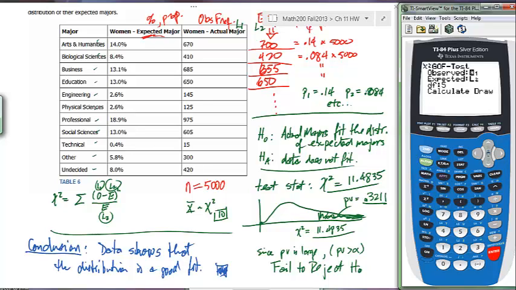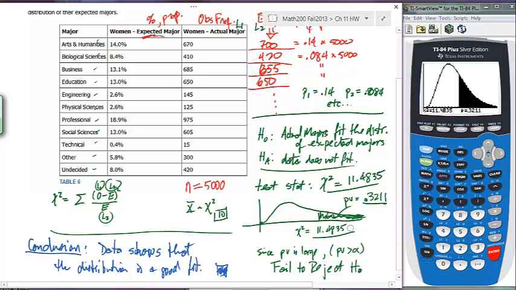We have our observed and expected frequencies in L1 and L2. Our degrees of freedom in this case is 10. And we can calculate it, or we can just draw it out. The drawing, remember, gives you your test statistic and your p-value. Degrees of freedom is 10, will give us a nice skew to the right curve, and it'll actually shade in our value.